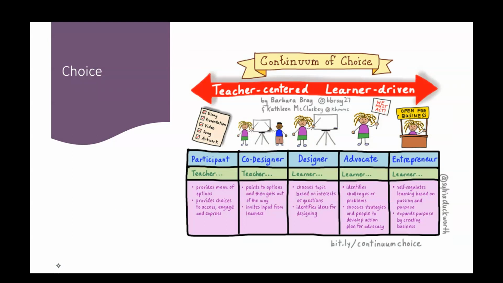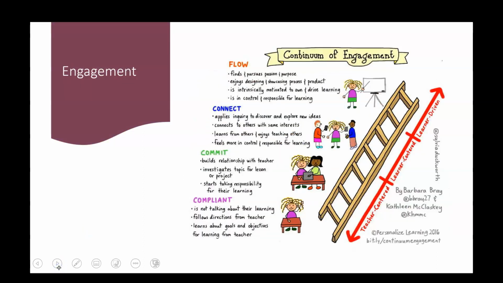The continuum of choice is when there are choices for different options of assignments or different ways to present, but the student helps to define what they would like to do. And then engagement talks about their flow from being compliant to connecting.